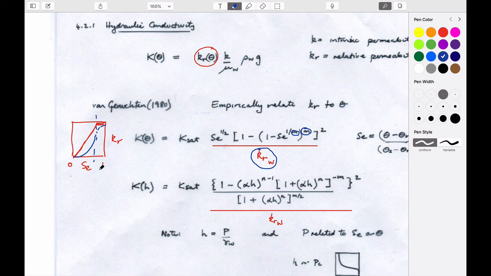So what it means is that in addition to being able to define the capillary pressure versus saturation curves for the wetting fluid, this is capillary pressure, then we've defined both of these terms.